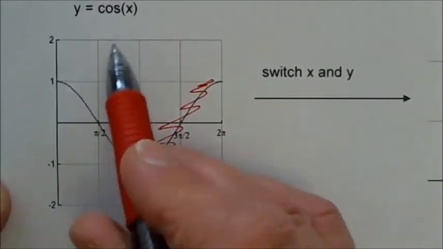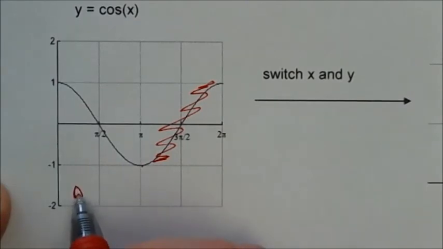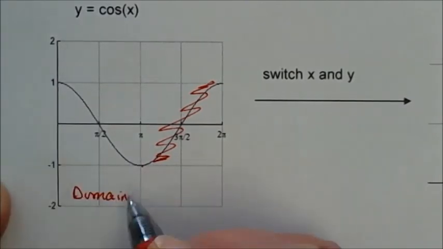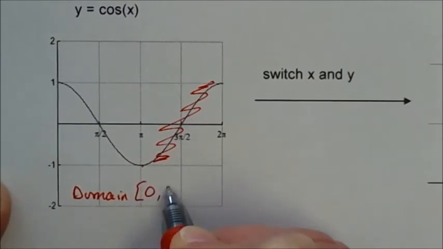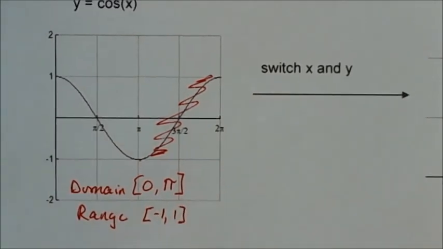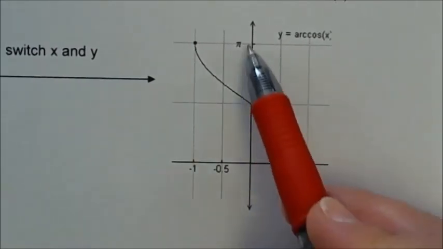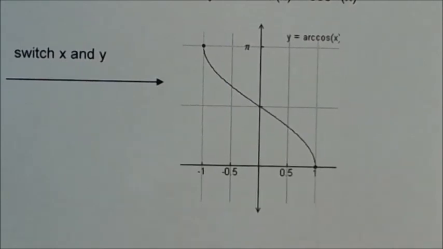Now our domain of y equals cosine x is limited from 0 to pi, and the range still stays from -1 to +1. And then if we switch x and y, what happens? Our domain, which was from 0 to pi, is now our range. And our range, which was -1 to 1, is now our domain.